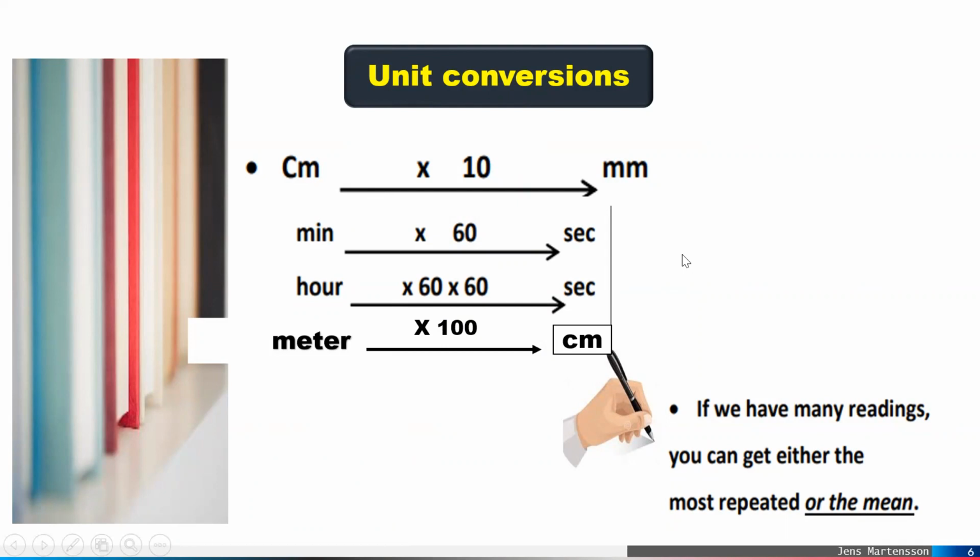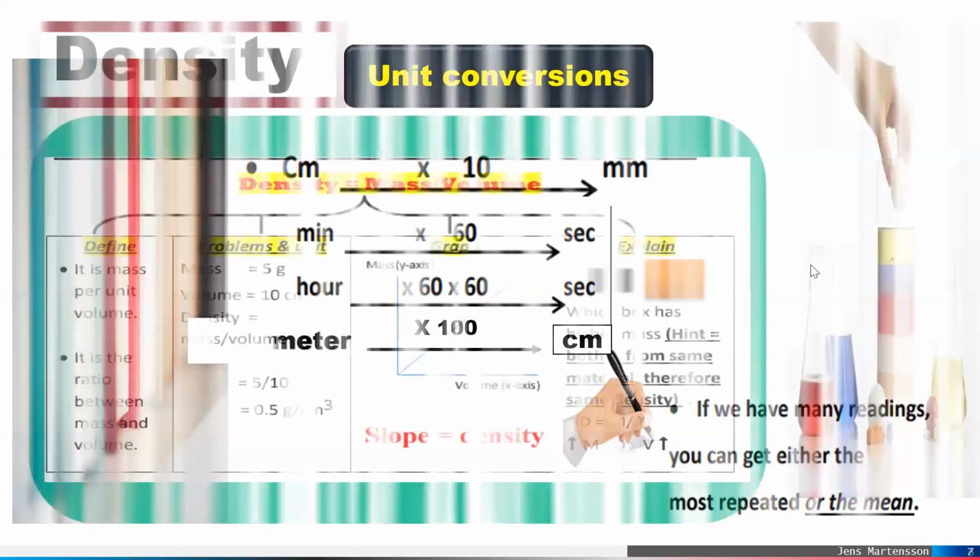For example, to convert from meter to centimeter, you multiply by 100, or from centimeter to millimeter, you multiply by 10. Just remember, if you have a lot of readings in your investigation, you should calculate the average to compare between the results.